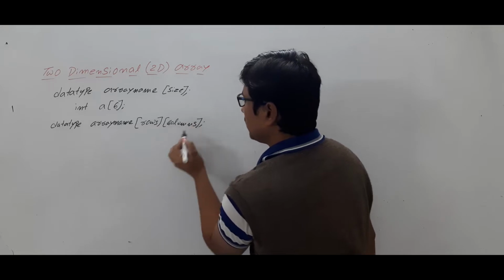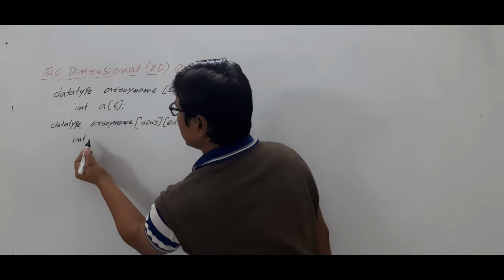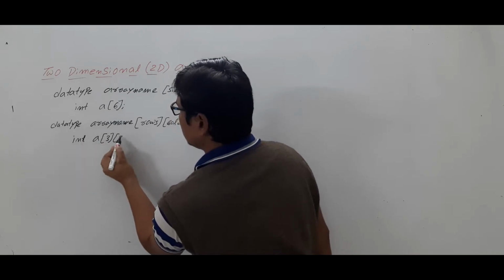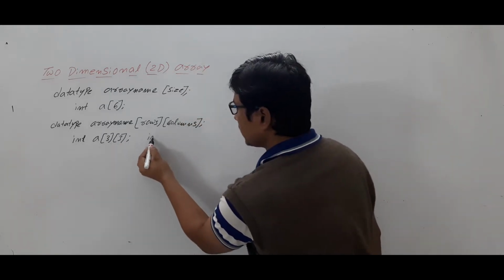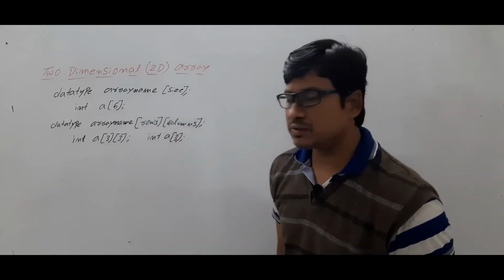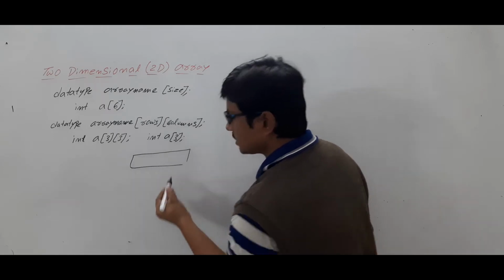Let me give a simple example. You have an integer array A of 3 of 3. Is it clear? Now when it is a one-dimensional array, we specify it like int A of 3. What is the meaning of this? You will have a continuous memory location.